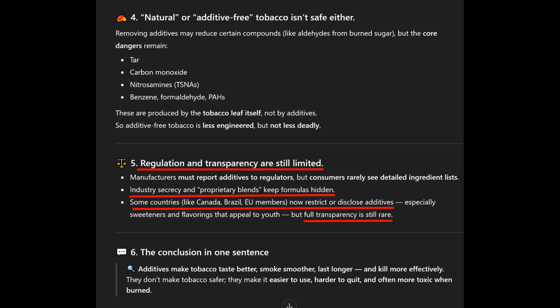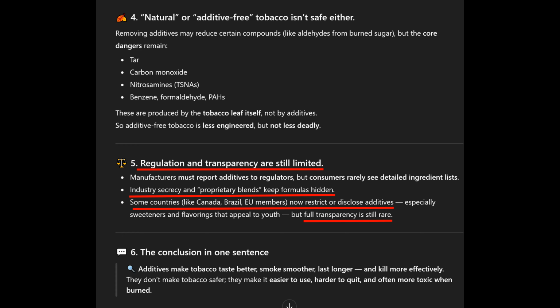Regulation and transparency are still limited. This is what we were talking about, both me and Mr. Janez. Industry secrecy and proprietary blends keep formulas hidden, which is obvious, okay? Some countries like Canada, Brazil, and EU members now restrict or disclose additives.